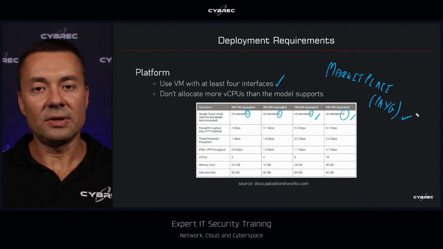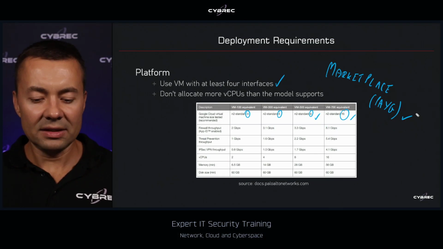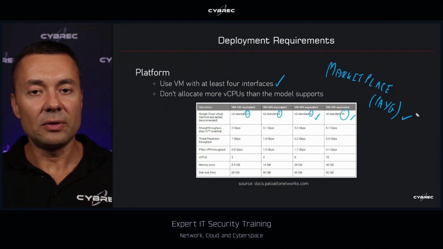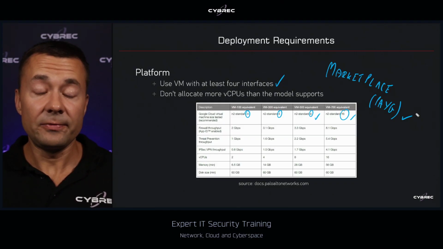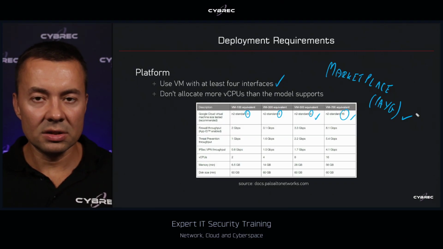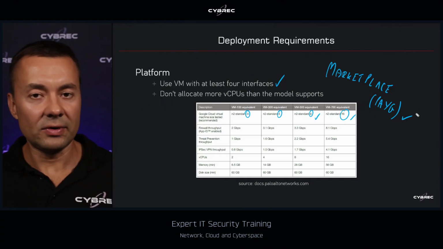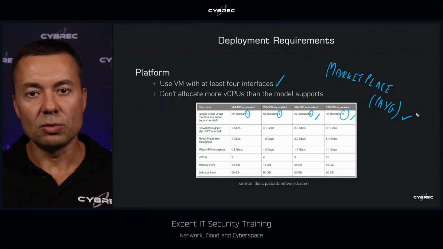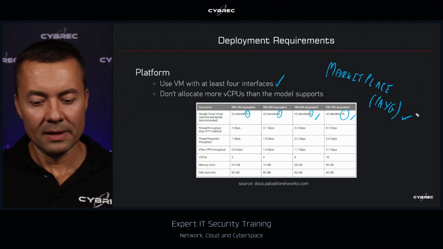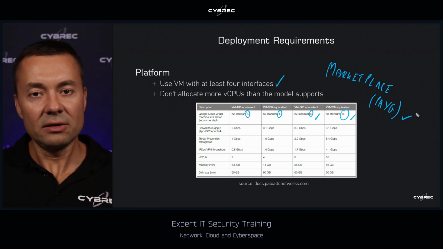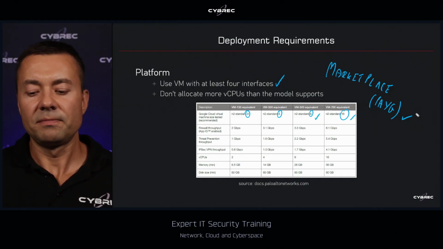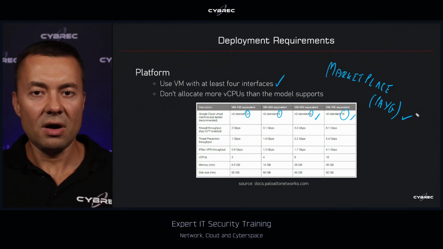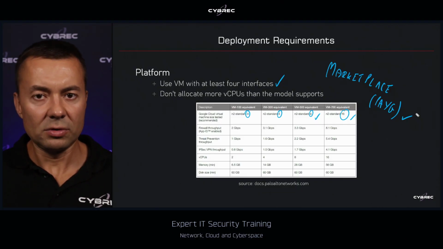Now, to really understand this, we need to know that depending on the virtual machine type we select for the deployment, this is also going to automatically affect the firewall virtual machine model, like 100 versus 300 versus 700. So the more resources we have on the host, the Palo Alto software is going to automatically detect that and will select the highest capable VM model that is going to work on the underlying virtual machine.